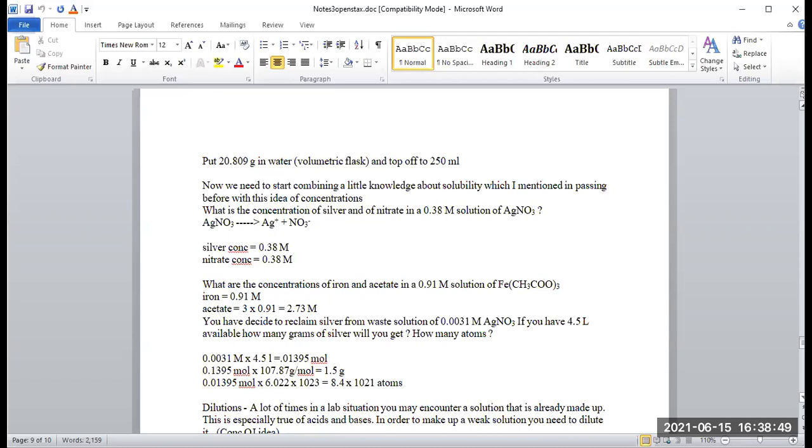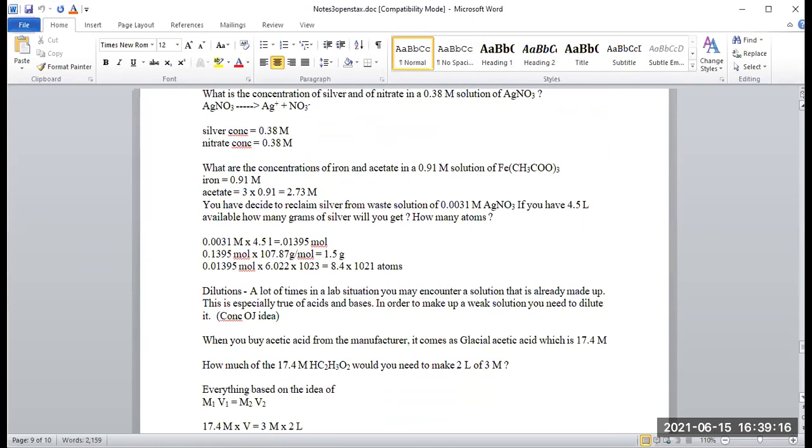Just because there's 0.38 molar and you have 2 ions, you're not going to do 0.38 divided by 2. You are doing it as if they were 2 parts of the same solution. So 0.38 of silver and 0.38 of nitrate.